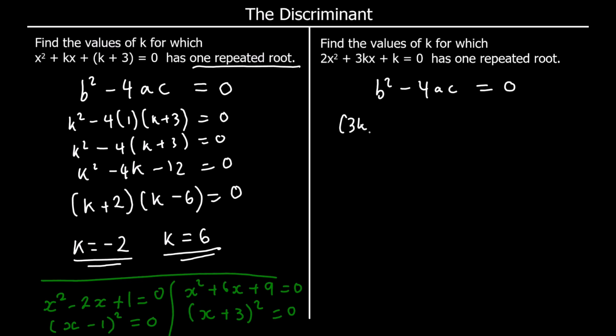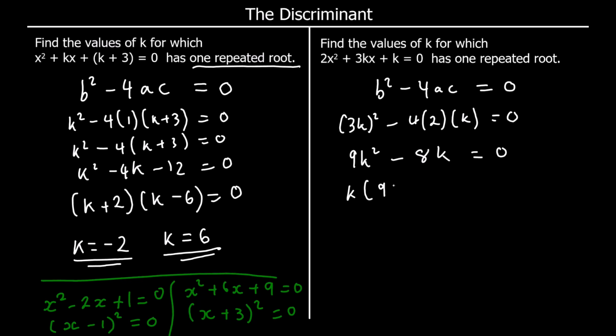We've got 3k squared minus 4 times 2 times k. 3k times 3k is 9k squared. We've got 9k squared minus 4 times 2, which is 8k, equals 0. So if we factorize, single bracket, so k, 9k minus 8. So what makes this 0? Either k is equal to 0, or k is equal to 8/9.